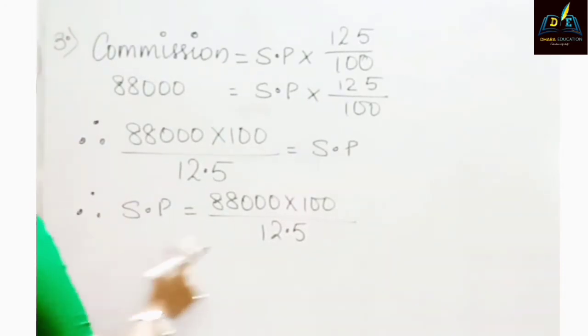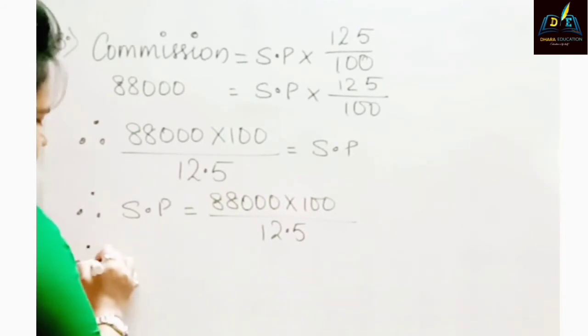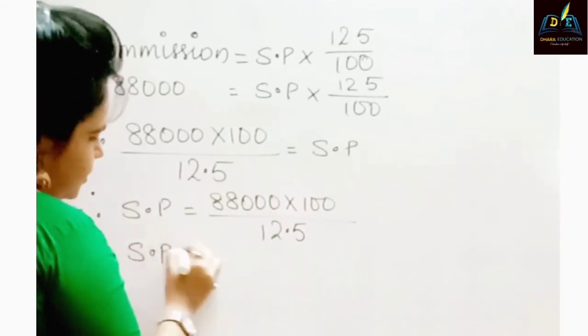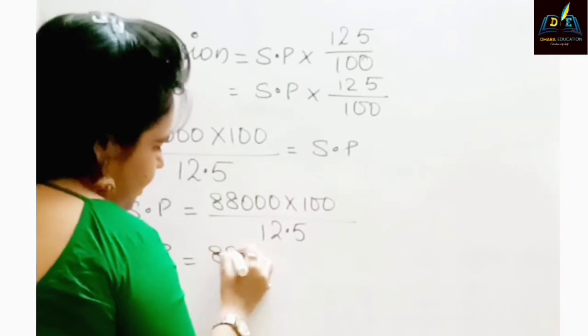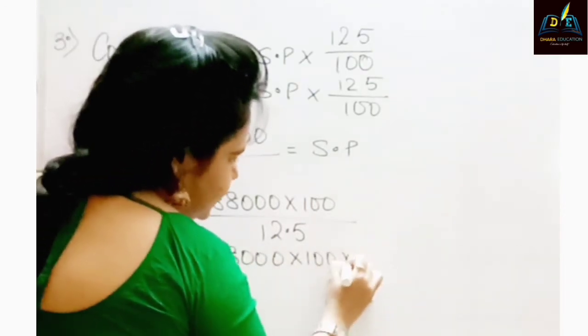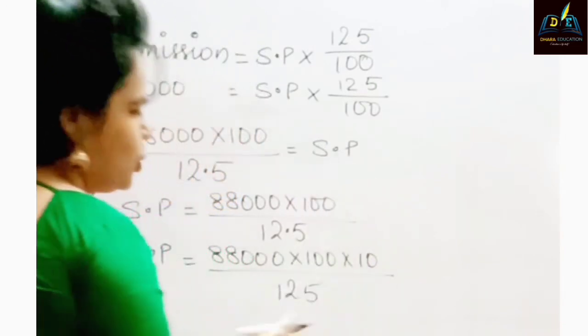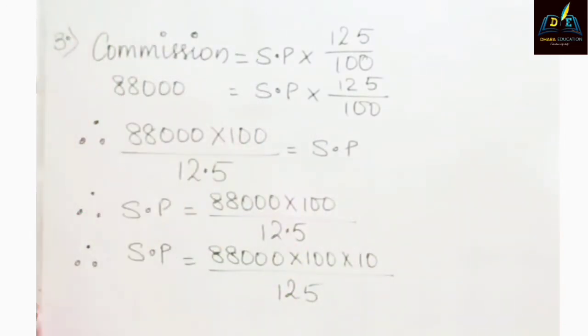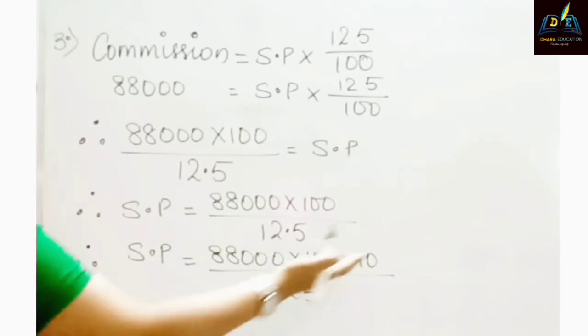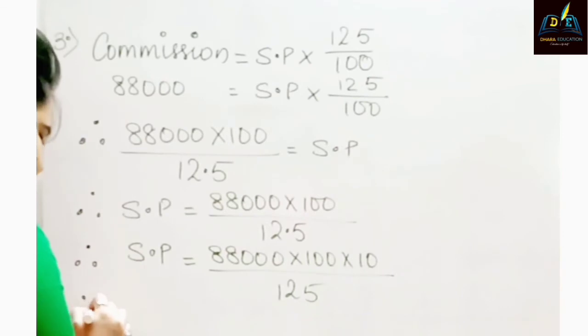Now to remove the decimal point, SP is equal to 88,000 multiplied by 100 multiplied by 10 upon 125. To remove this decimal, we multiply by 10 as in normal fractions.